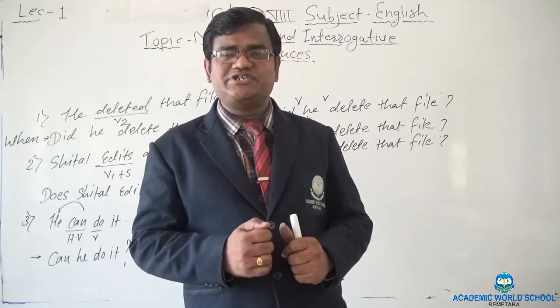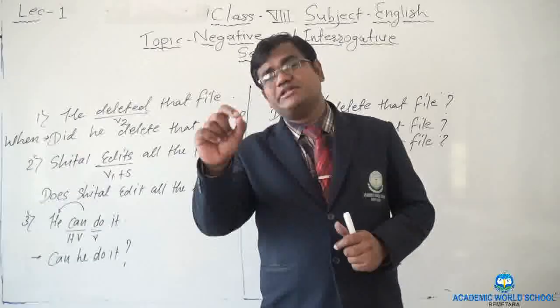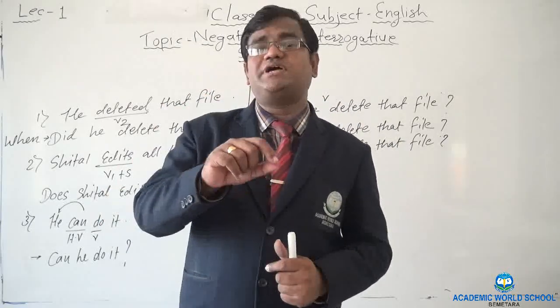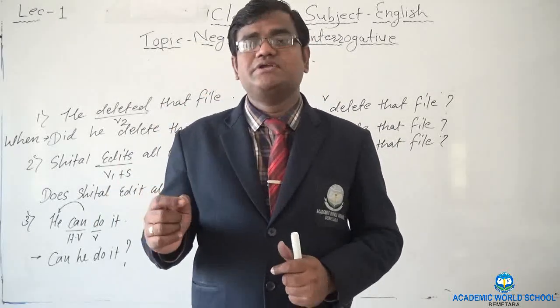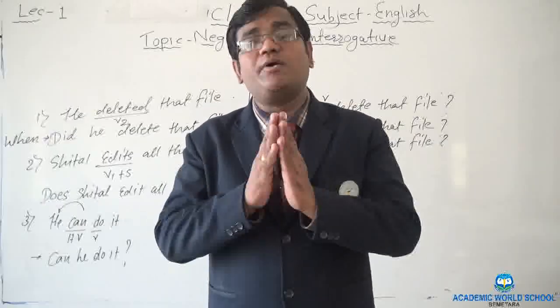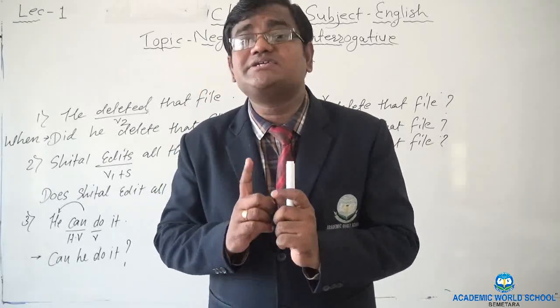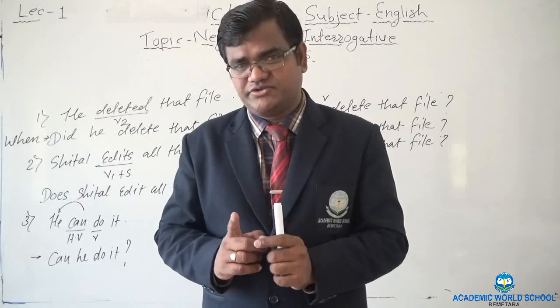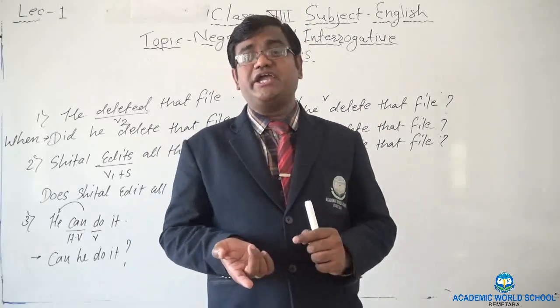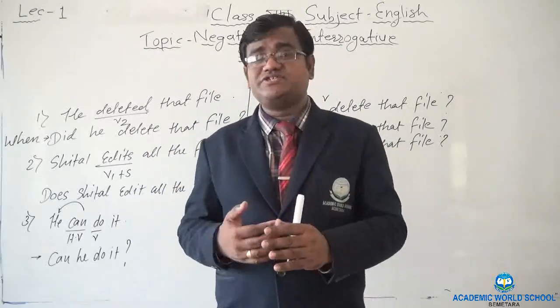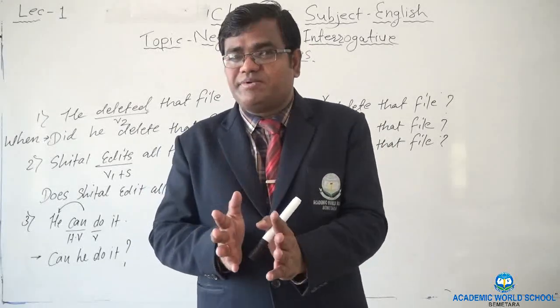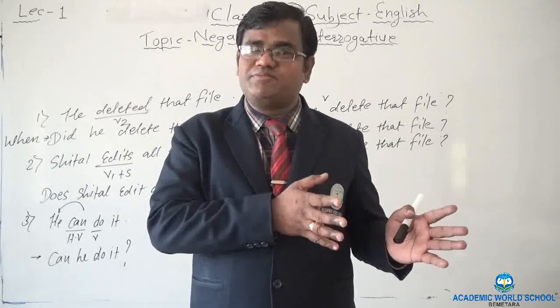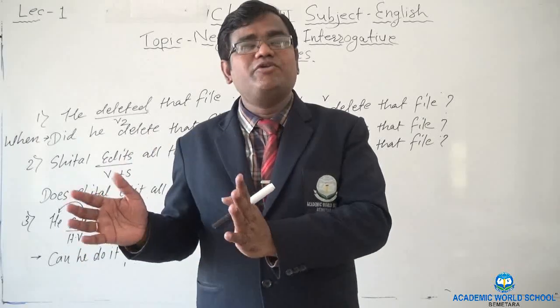Then we learned in future tense, when there are two helping verbs, will and have also, you just have to put "not" after "will" only, the first helping verb. Do not get confused there. Then we learned how to make interrogative sentences, means questions. Two types of questions we learned: verbal type of question and WH type of question.